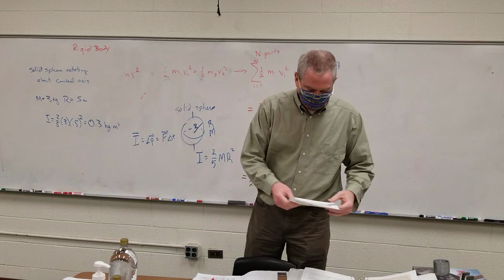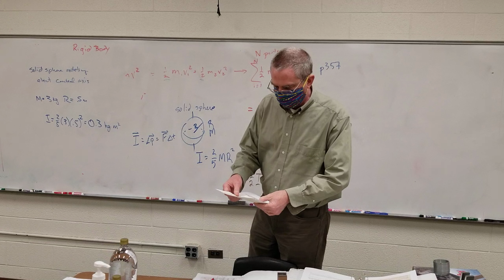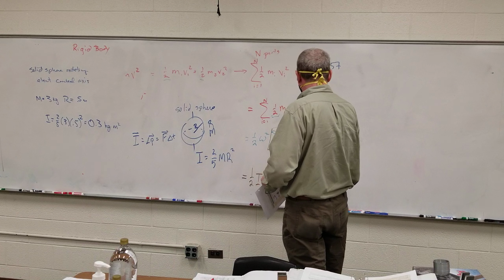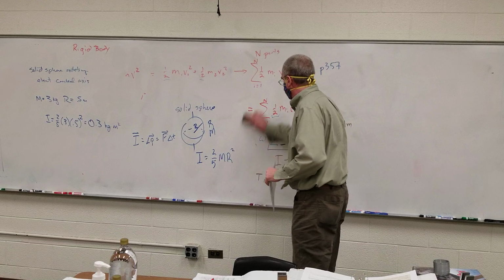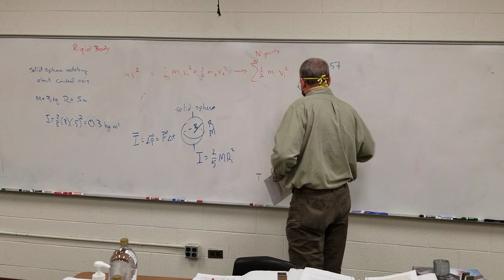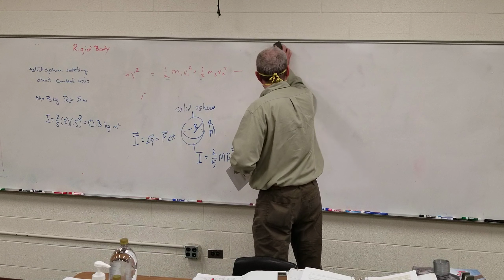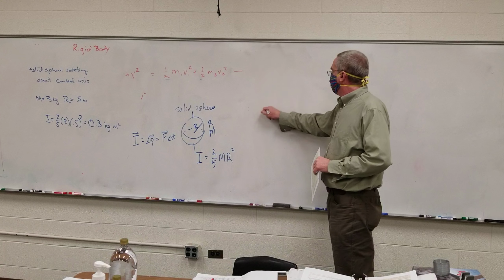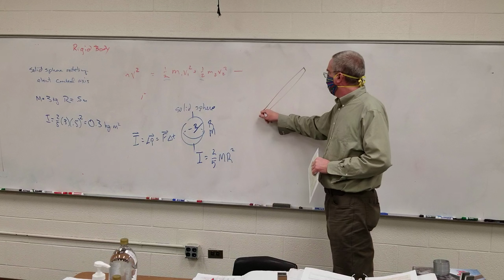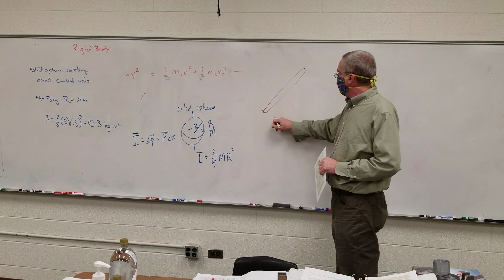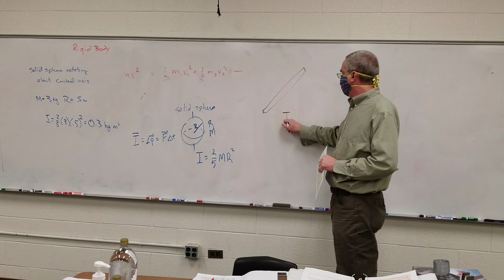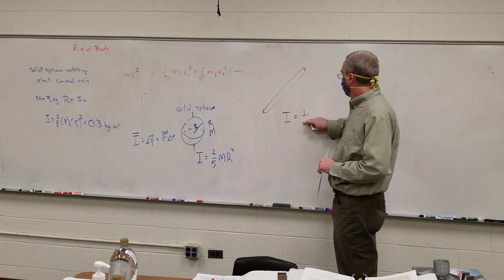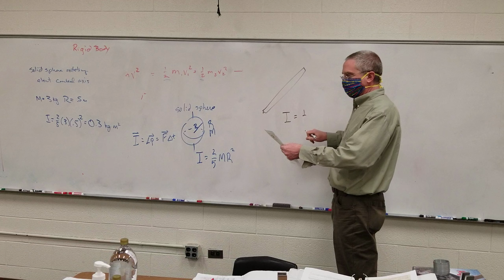All right, so now, the rod over there. We're going to get rid of this. So a rod rotating about its end, the moment of inertia formula is, pretty sure it's 1/3.